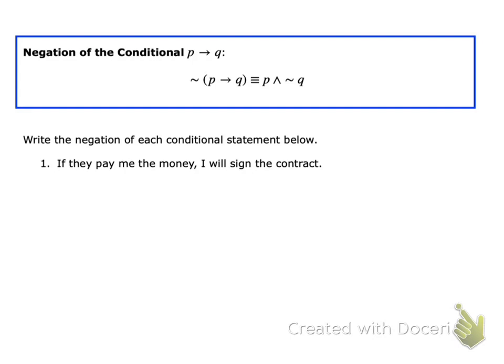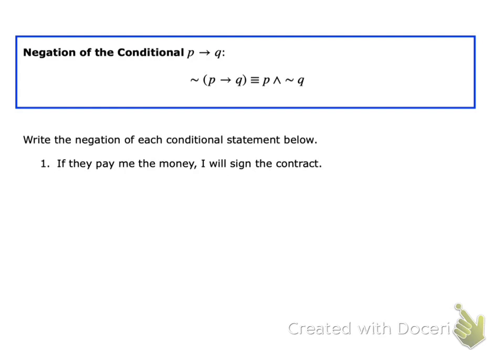If we had a ton of time, we could do a truth table for each of these and show that the truth values are the same. But for sake of time, I'm just going to tell you that P and not Q is the negative of if P, then Q. We're going to go with that.